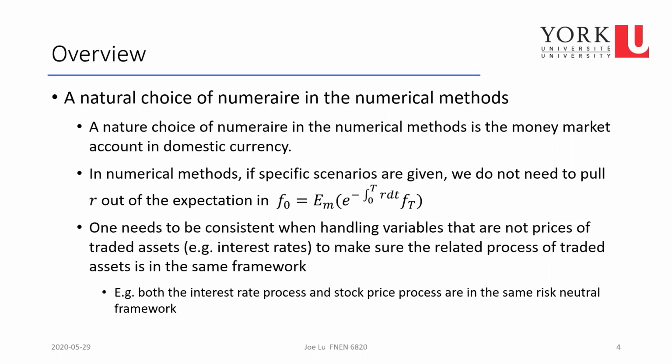So if you know a process for the interest rate and the asset is a function of the interest rate, like a zero coupon bond, then the price of the zero coupon bond is actually determined through Ito's lemma. So you can't really independently assume another process. That's something that we need to be aware of when we implement numerical procedures.